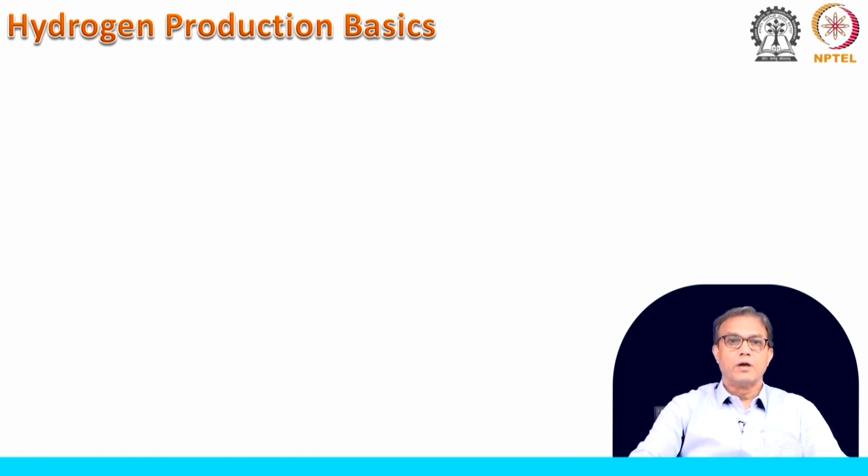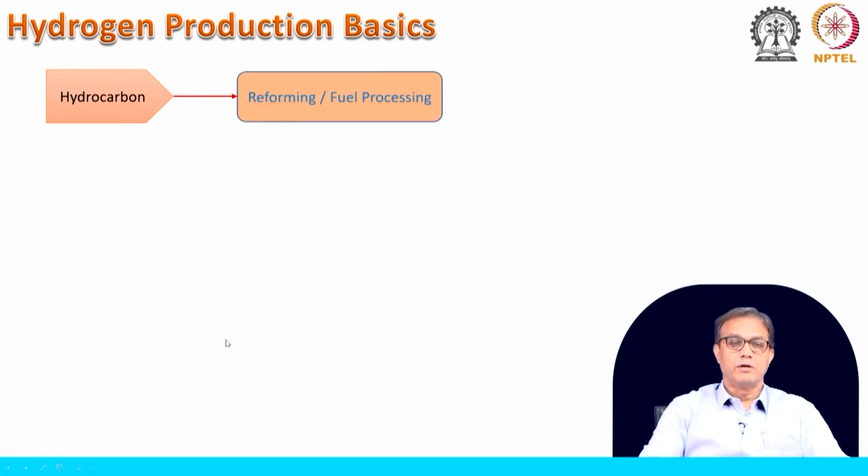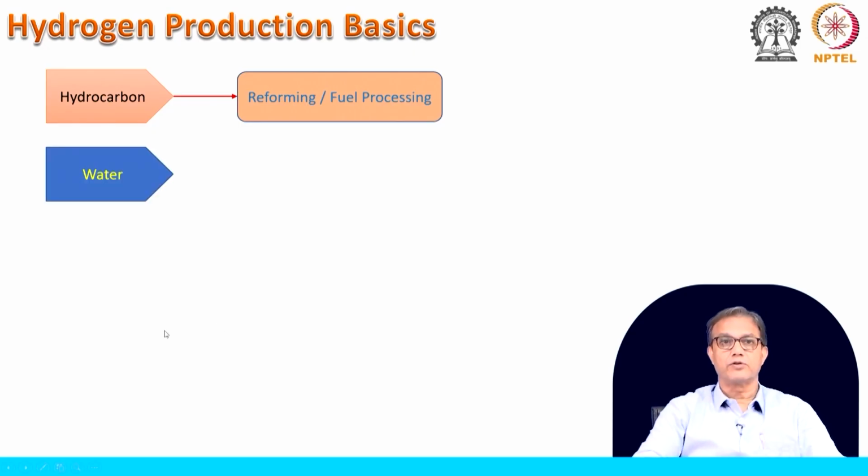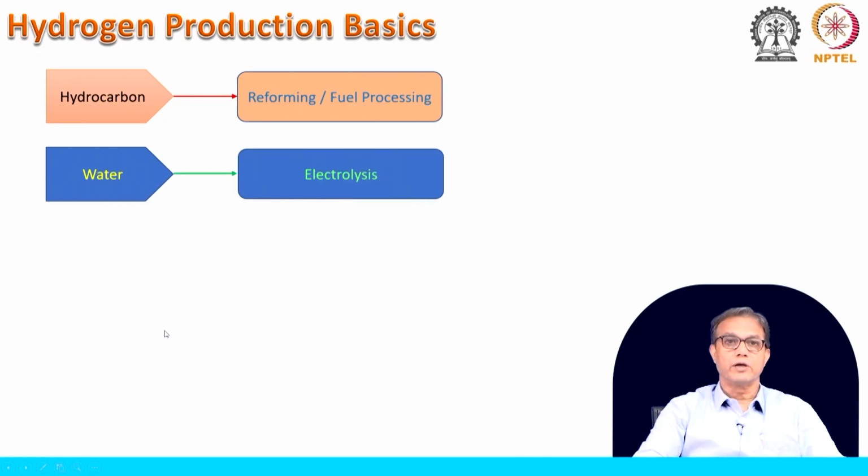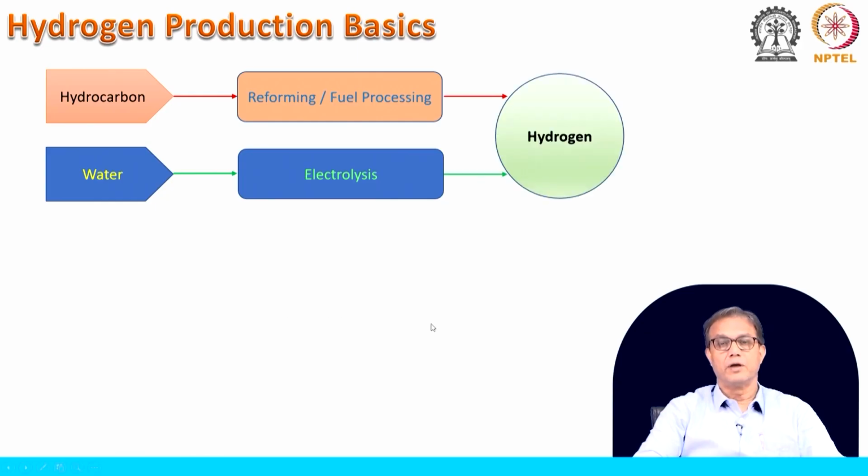If we convert this hydrocarbon to generate hydrogen, we call it fuel processing or reforming. The other one, if we get hydrogen using water, is the electrolysis process, and from both of these we can have hydrogen.